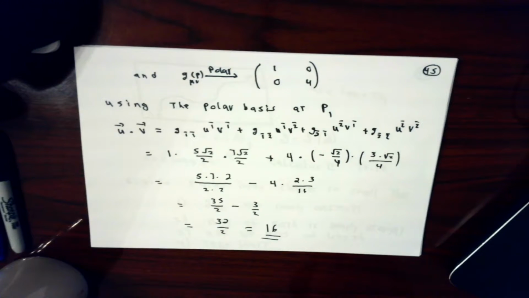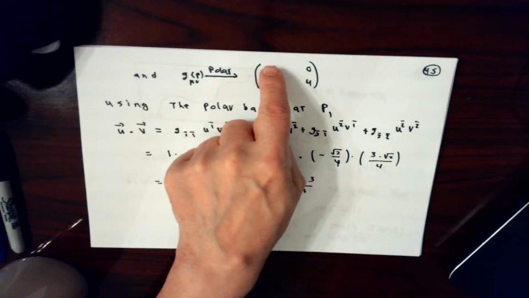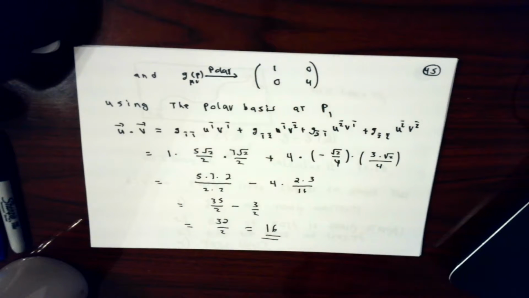Having done so, when I do the dot product, only the product of the r components and product of the theta components amount to anything. If you grind through the arithmetic, when the dust finally settles, you get 16 for an answer, just like you ought to.